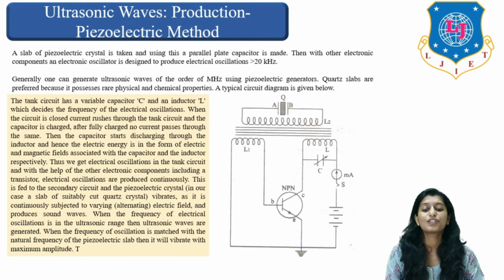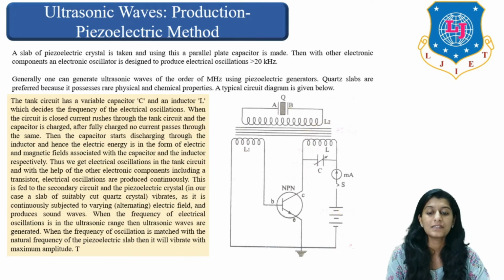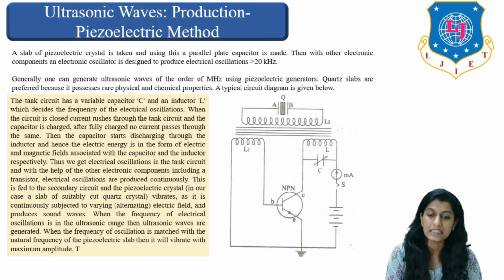When the circuit is closed, the current rushes through the tank circuit and the capacitor is charged. After it is fully charged, no current passes through it, right? Once it is fully charged, the passing of current will cease. Then the capacitor starts discharging the current, right?